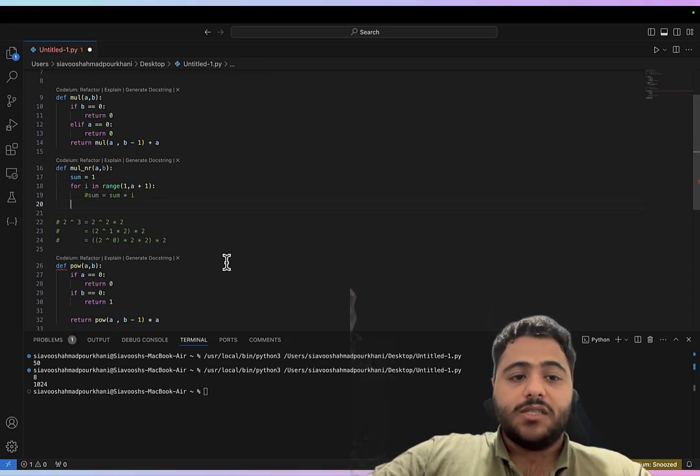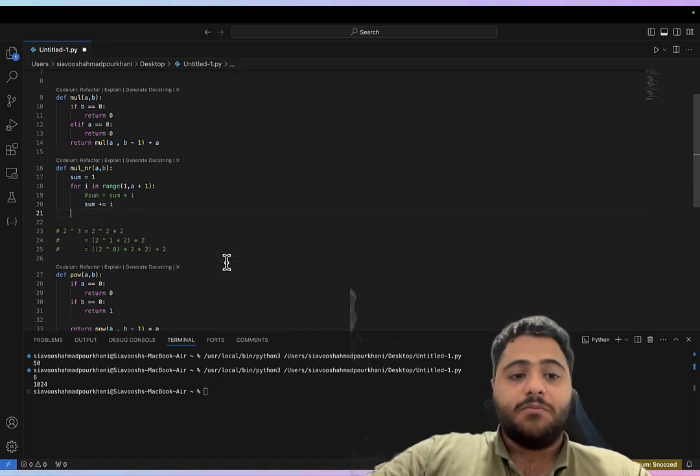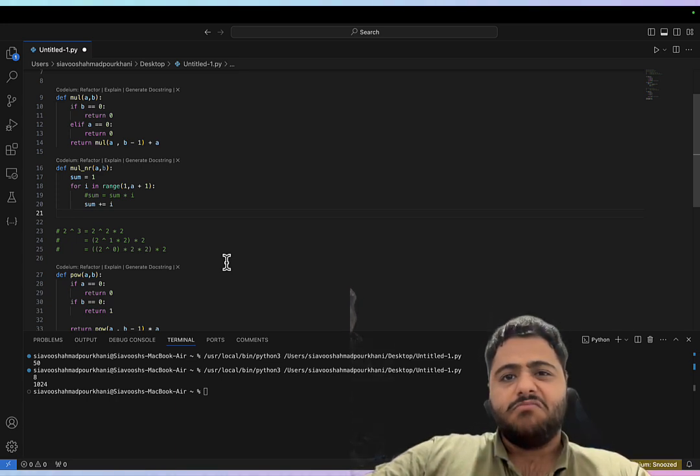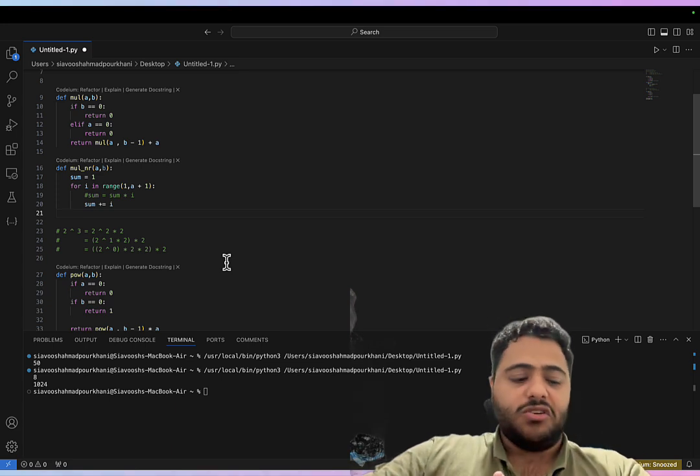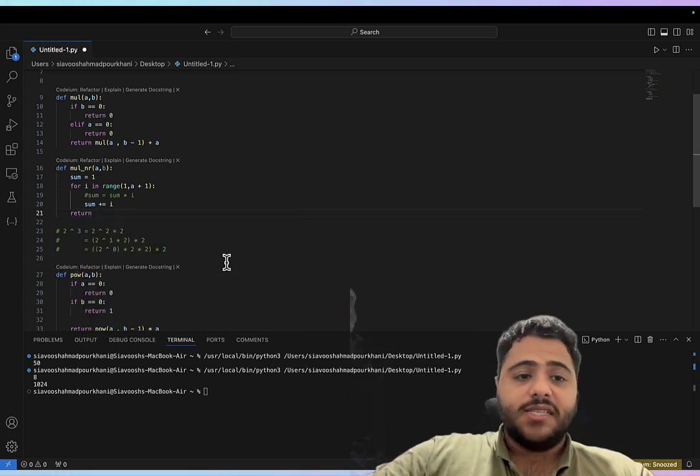You could just replace this with sum times equal to i. Those are actually the same thing, but the bottom line is a bit simpler and shorter. It's an abbreviation, you can use it. So when the for loop is complete, you have the result.